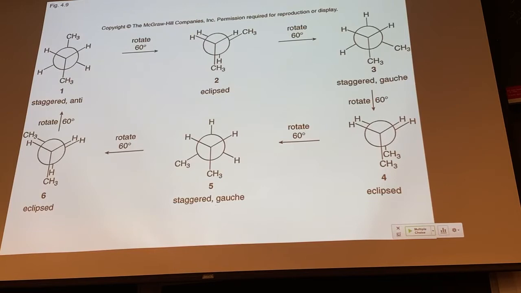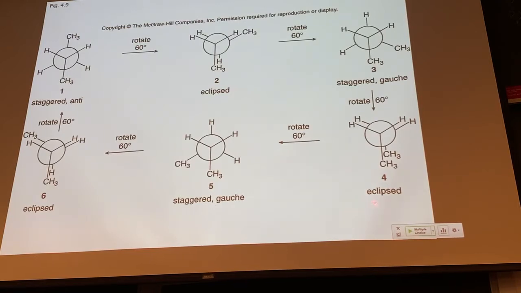We rotate 60 more degrees, we end up with a second staggered conformation that's not the same as our first one. In this conformation, the methyl groups are gauche to each other. So we'll call this staggered gauche, or simply gauche, indicating the 60-degree dihedral angle. We rotate 60 more degrees, and we end up with another eclipsed conformation.